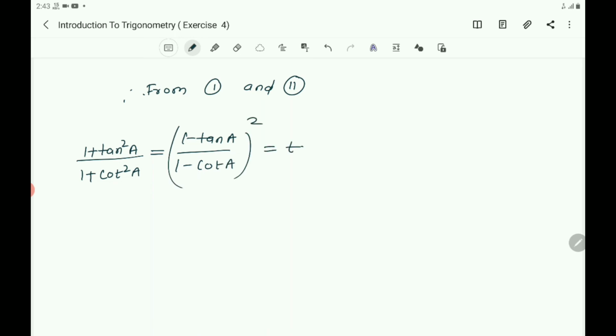Both are equal to tan square A. The chapter is completed here, and you must practice the trigonometric problems.